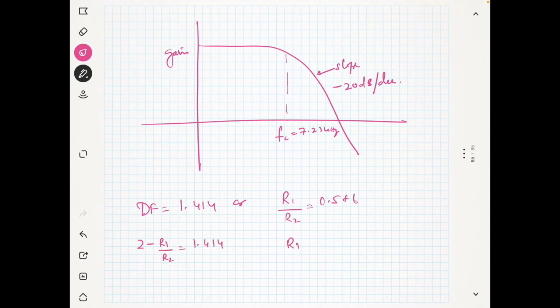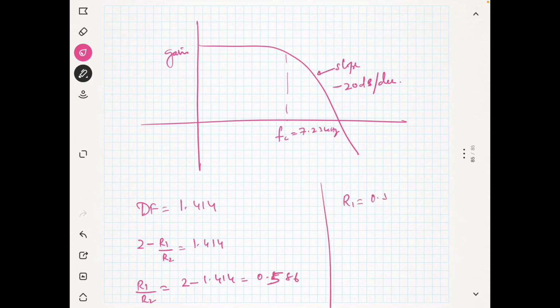If you solve this equation, you will get the same thing. So you can either use the damping factor or R1 by R2. R1 by R2 is 2 minus 1.414, which is 0.586.